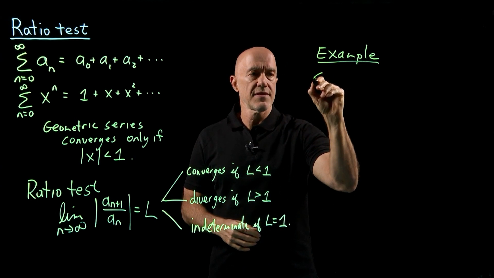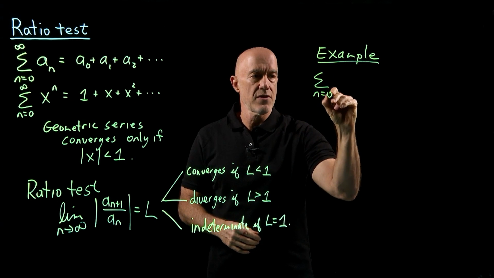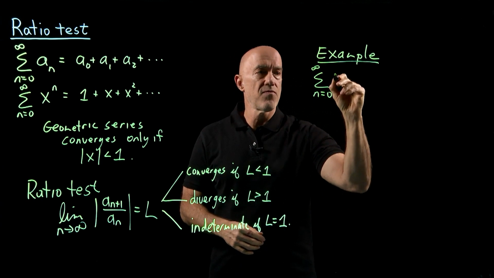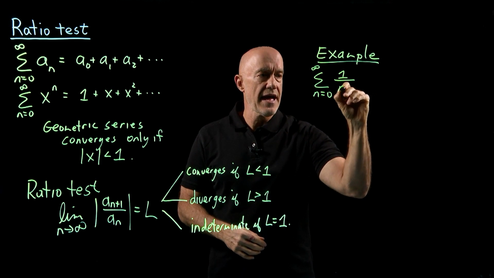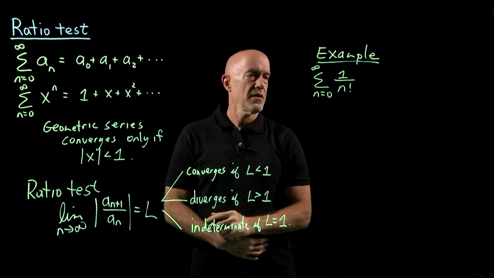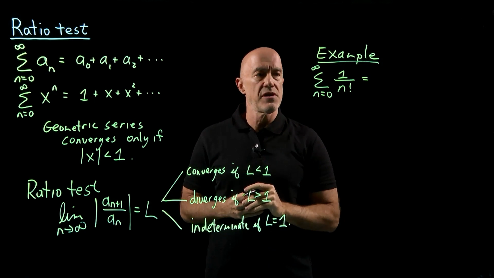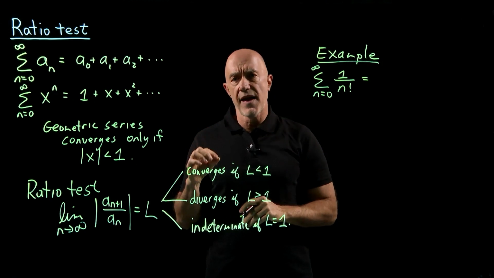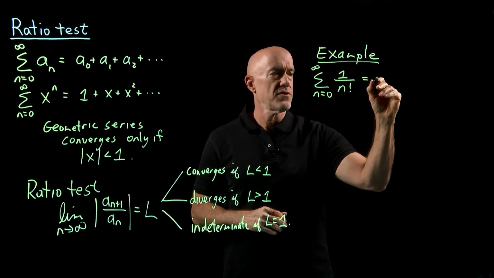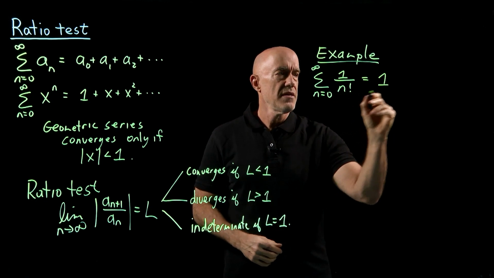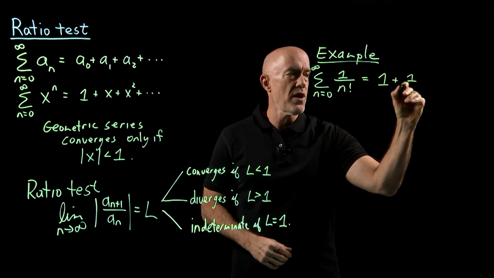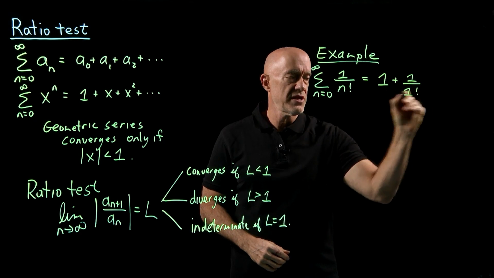Let's look at the sum from n equals 0 to infinity of 1 divided by n factorial. So what is this? The first term is 1 over 0 factorial. We define 0 factorial to be 1, so the leading term is 1. The next term is 1 over 1 factorial, which is just 1.